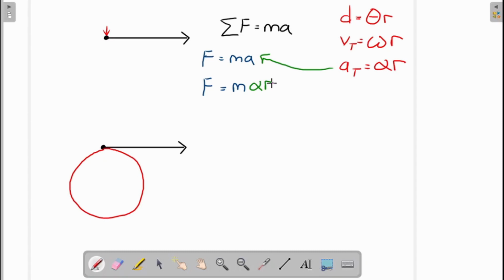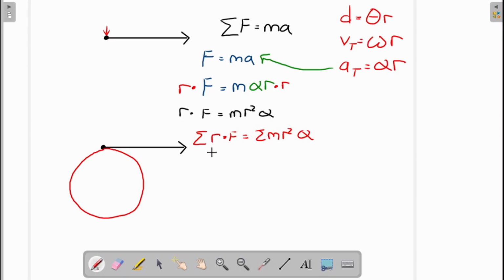This doesn't tell me anything, it doesn't look like anything we've done. If I cheat, however, and multiply both sides by r, and then do a quick rearrange, I get r times F equals m r squared alpha. And m r squared is the moment of inertia for a single point. If I start adding all the different forces together, going back to multiple forces, this becomes the moment of inertia.